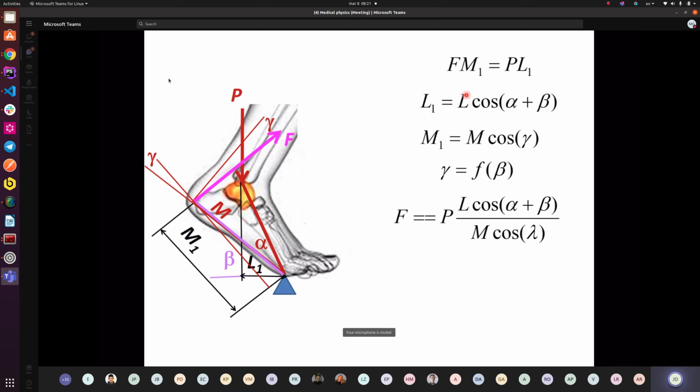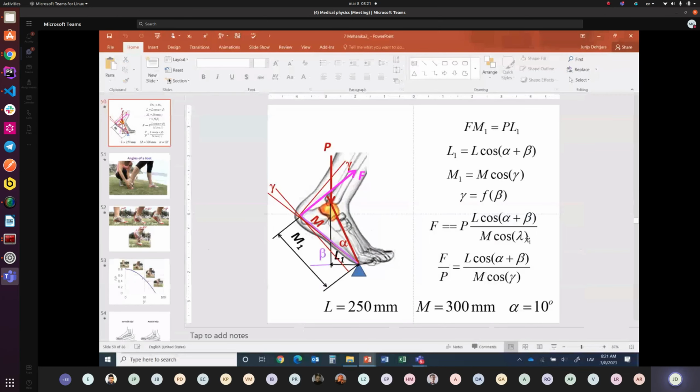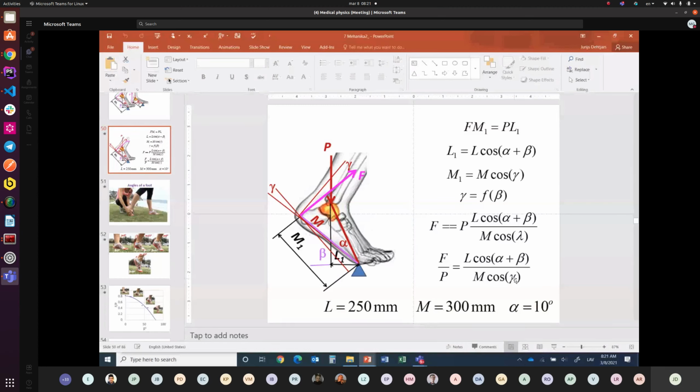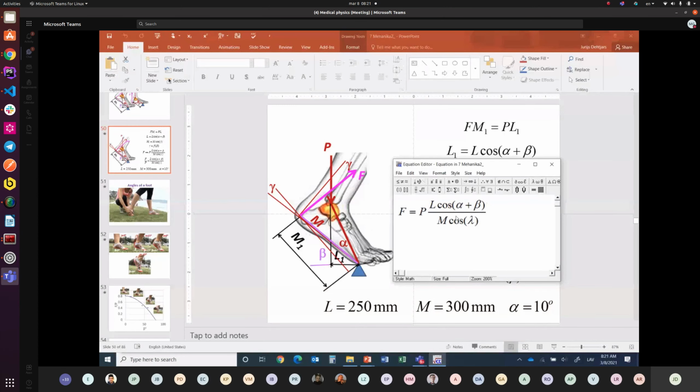For instance, now we can calculate the force as a load with L cosinus M cosinus. Oh, so this is a mistake. This is gamma.